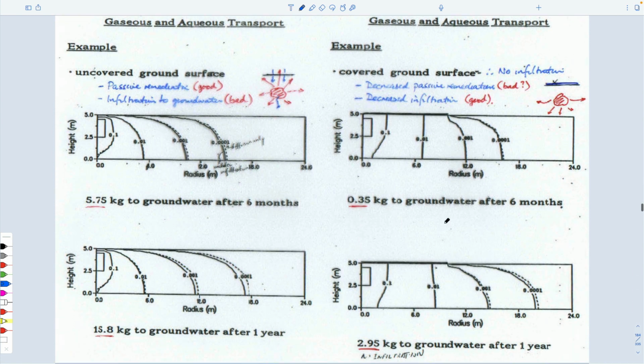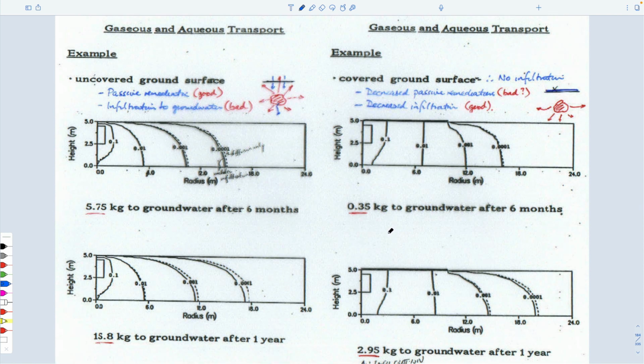And if we're able to solve it, then the solution looks like this. These are two cases, looking at this behavior where you have this zone put in place, and looking at it at six months. I guess the top one is 6 months, and the bottom one is a year. And these are just contours of how far the vapors of TCE have traveled as a function of time at that snapshot.